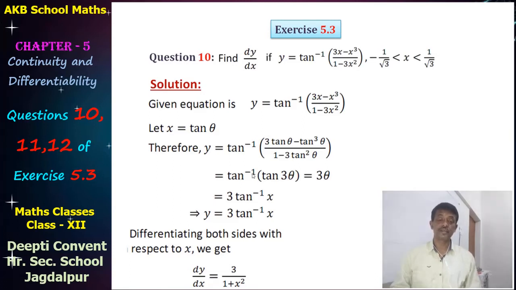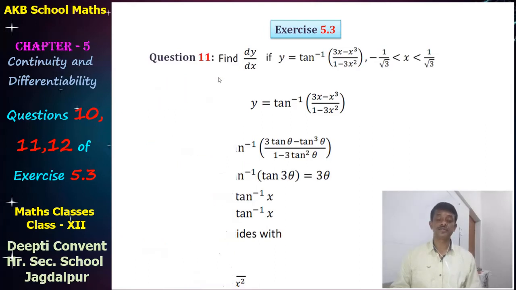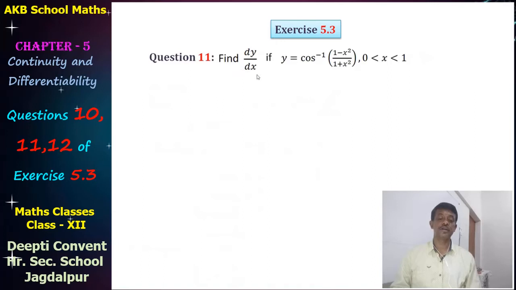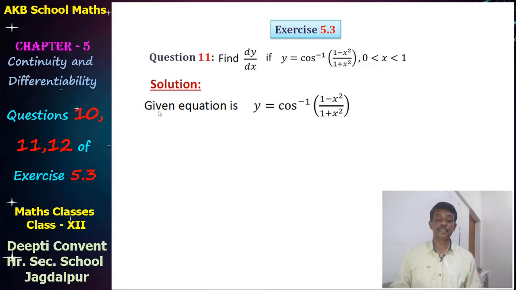Okay, now let us take the next question, question 11. Here also find dy by dx, y equal to (1 minus x square) upon (1 plus x square). If x equal to tan theta, then this will be cos 2 theta. So x equal to tan theta you can put.